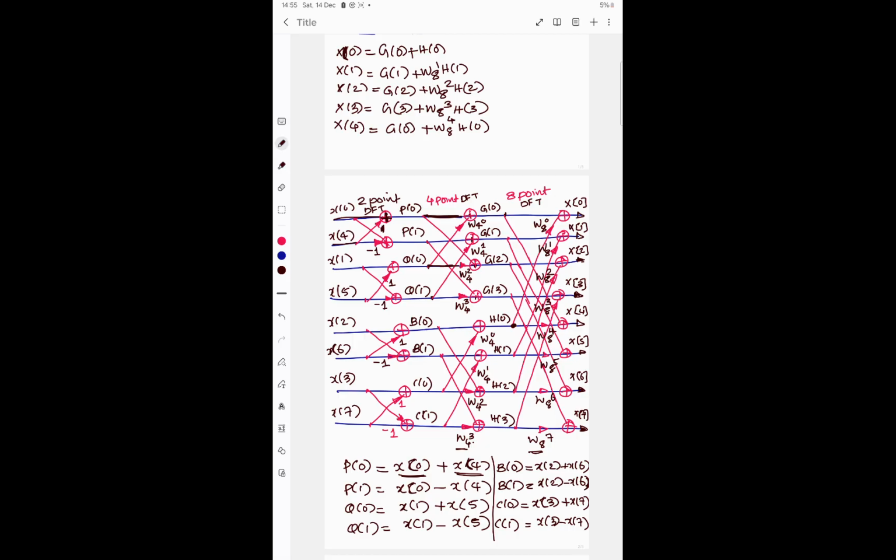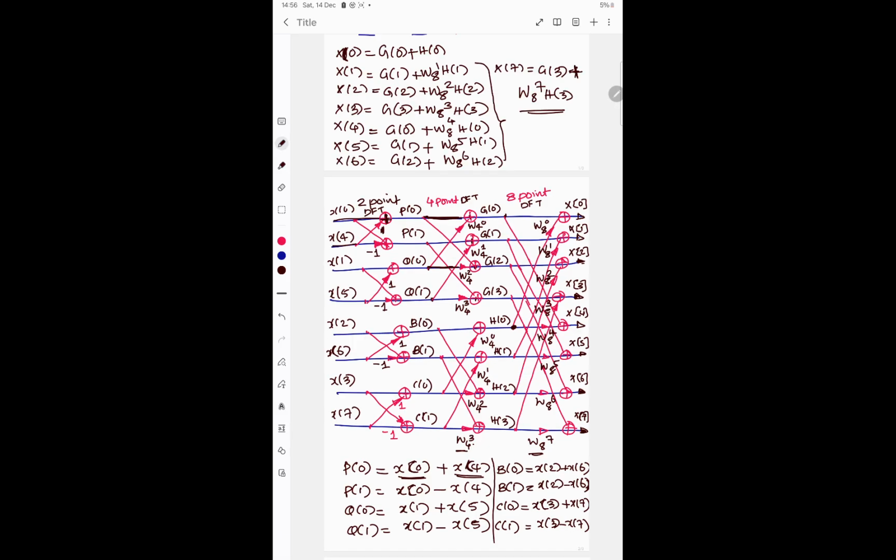After H of 3, the same sequence will be repeated: H of 0, H of 1, H of 2 and H of 3. So X of 4 is equal to G0 plus W8 power 4 times the rotated value, which is H of 0.